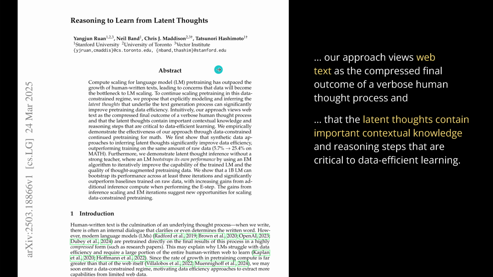So they have from Stanford the idea that web text is a compressed final outcome of a real, beautiful human thought process. And the latent thoughts that I want to discover contain the important contextual knowledge and all the reasoning steps that are critical to the data-efficient learning of our AI systems.